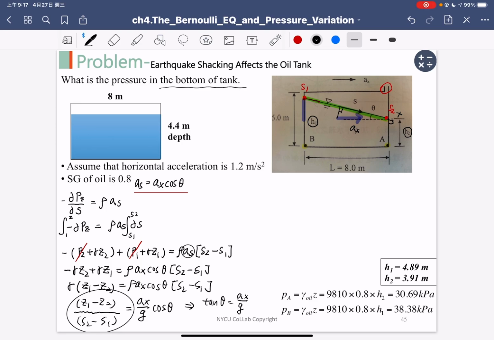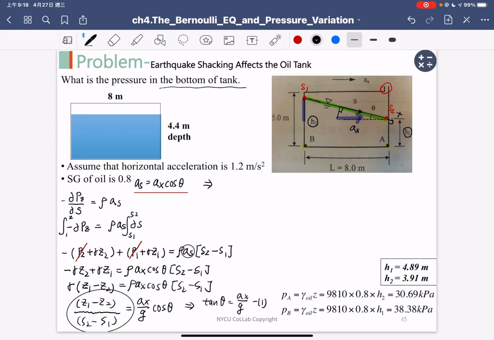So this is our first equation. But our key question is we need to understand how the depths D1 and D2 change, right?